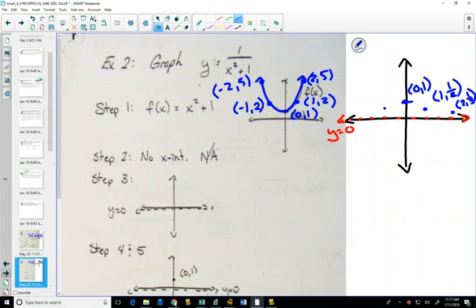And similarly, we would have negative 1, 1 over 2 and negative 2, 1 over 5. So we've got a bunch of points labeled. The last thing we need to do is show it towards the asymptote. And there's our final graph. What did you call this one? A speed bump. A speed bump.